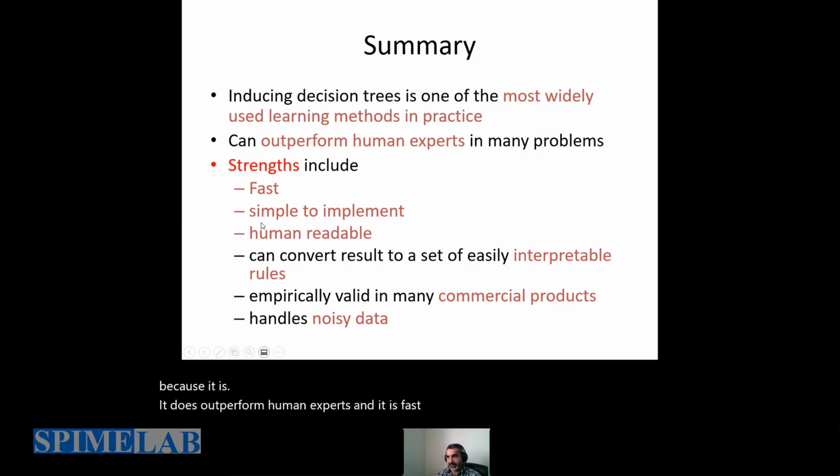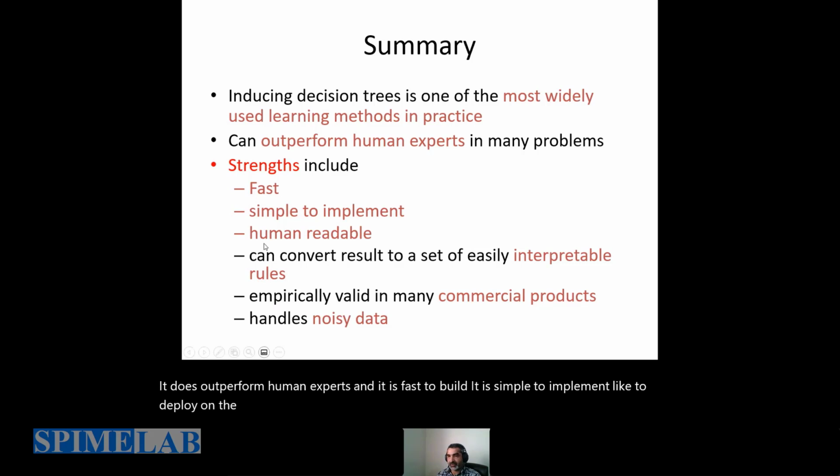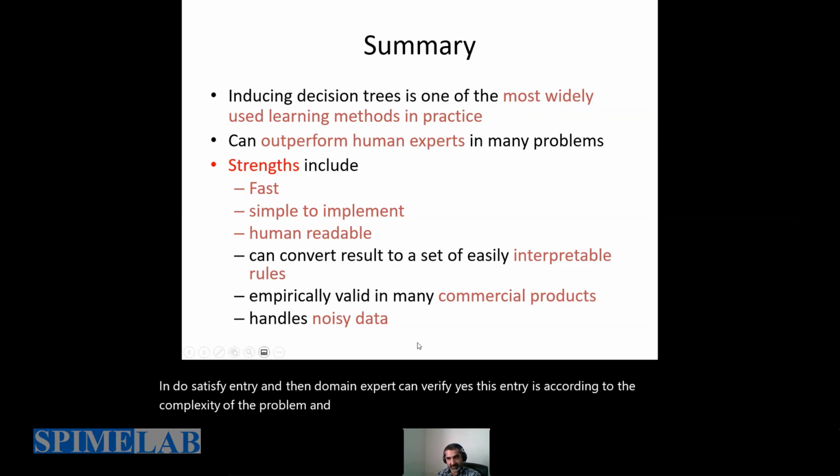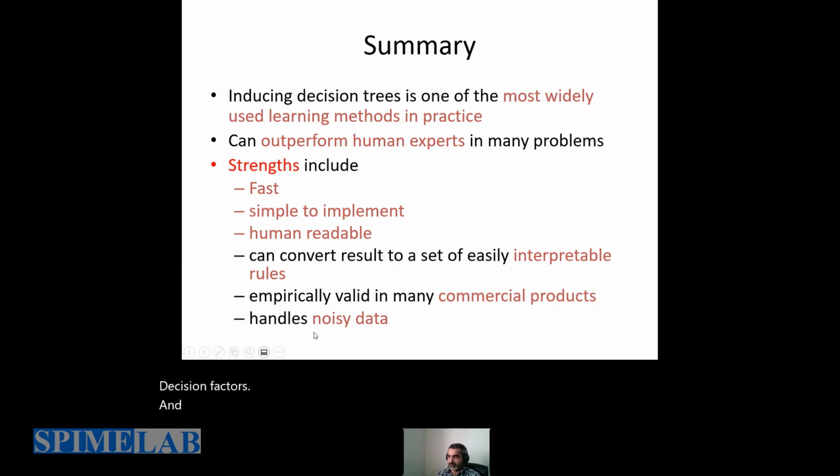It is simple to implement, like to deploy on the cloud, and it's human readable. So you induce a decision tree, and then a domain expert can verify, yes, this decision tree is according to the complexity of the problem, and the variables and decision variables are having good decision factors. And even in newspapers, you often see decision trees being published for common people.